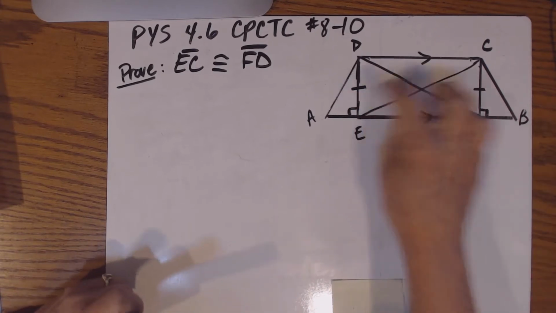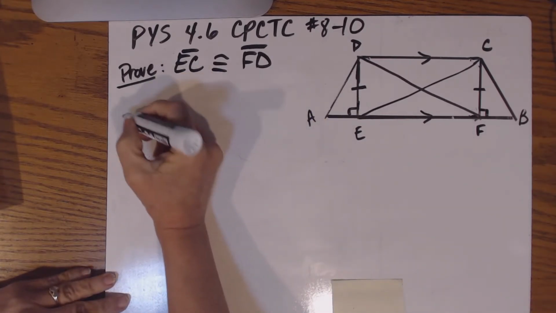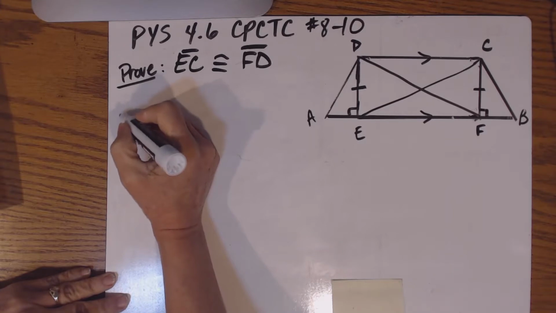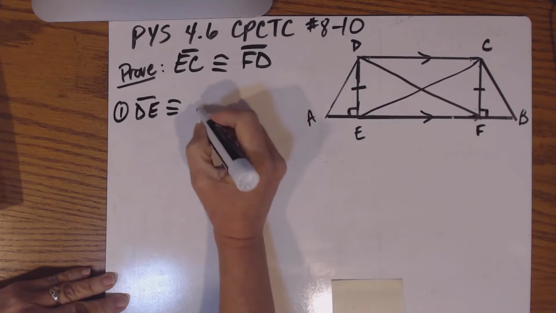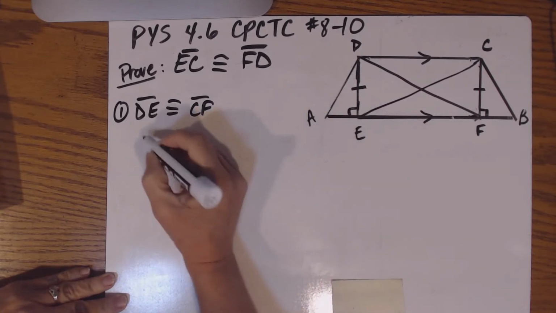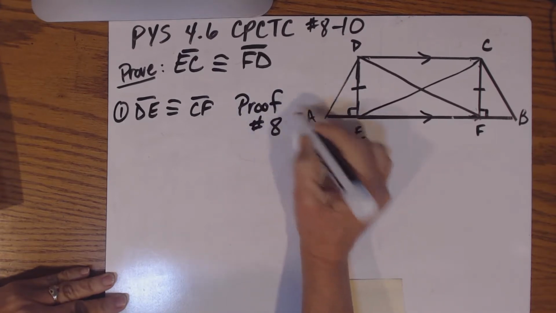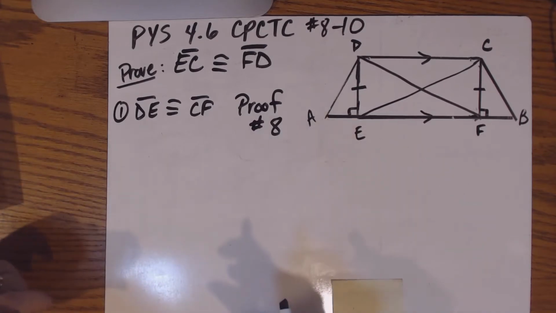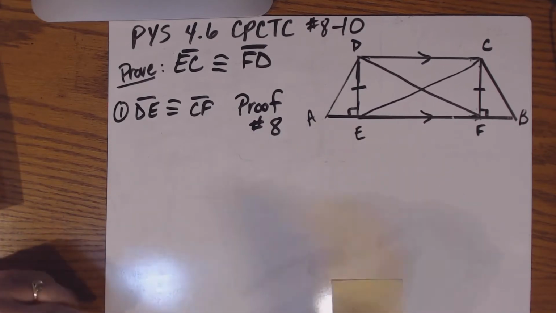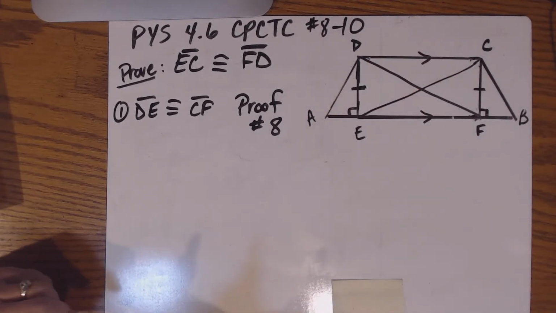So I did mark these two congruent, and that's because I'm going to refer to number 1, DE is congruent to CF, and I'm going to tie in proof number 8, okay? I'm going to basically refer to that previous proof, and everything that's been stated in that previous proof is now already given. Does that make sense? I'm not going to have to rewrite everything, reprove that proof. So with this marked, everything that's been stated in here is going to be used now, okay?